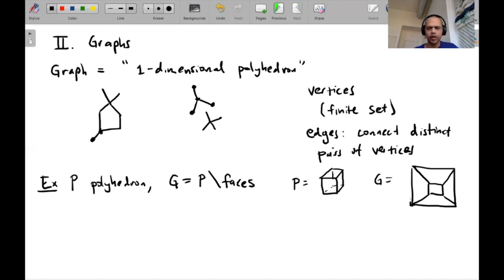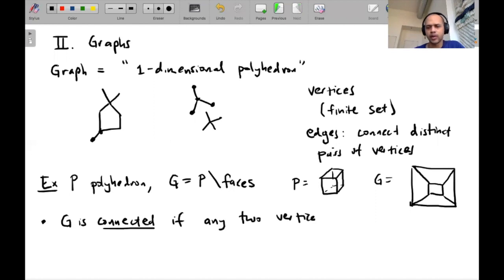Okay, a bit of terminology about graphs. We say that G is connected if any two vertices are connected by a sequence of edges.